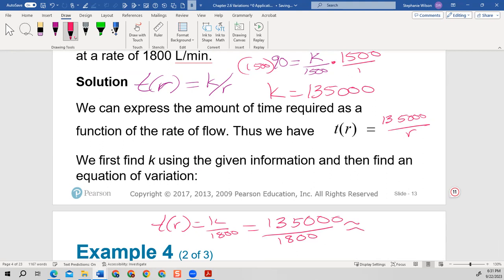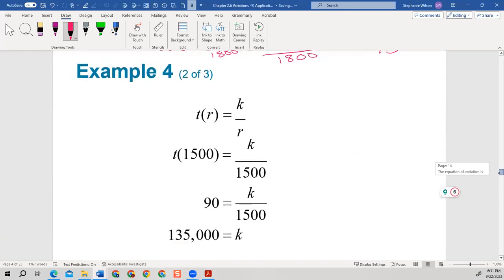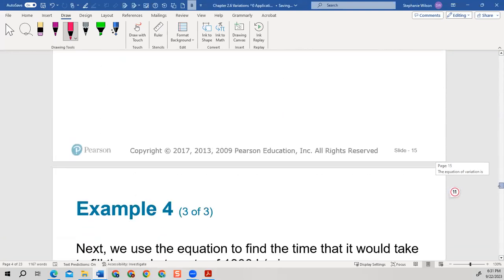Let's see what we get. So we get 75 minutes. So it takes 75 minutes to fill the pool at 1,800 liters per minute. So that's pretty good. About an hour and a half. Okay, there we go. We got it.